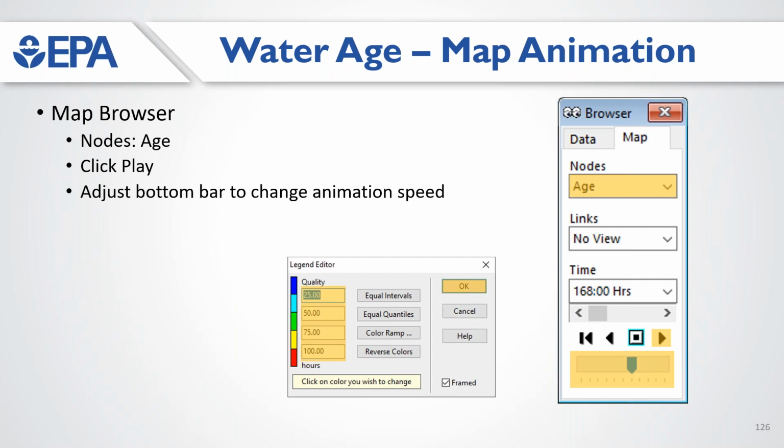This will mean that dark blue nodes will have a great below average water age, that light blue and green nodes have a typical age, that yellow is a still okay age, but might be pushing it, and red nodes have notably high water ages. After the legend is set, we can control the animation with the controls at the bottom of the map browser. I'll show a short video of how to do these.